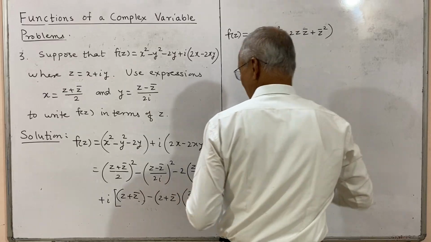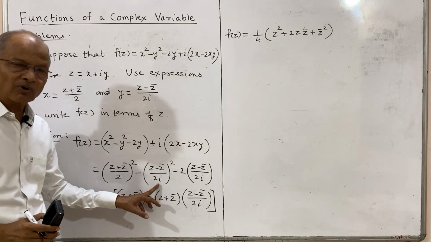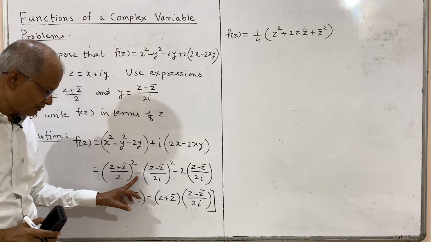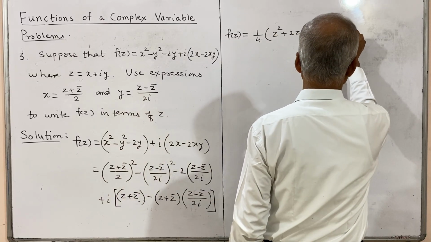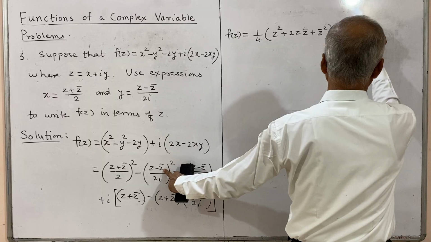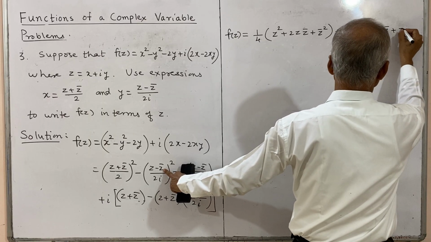Similarly here, but you see it is 4i square, 1 upon 4i square, and i square is minus 1, so that minus 1 and this minus becomes plus, so it is plus 1 by 4, into bracket again the expansion of z minus z bar, z square minus 2z z bar plus z bar square.